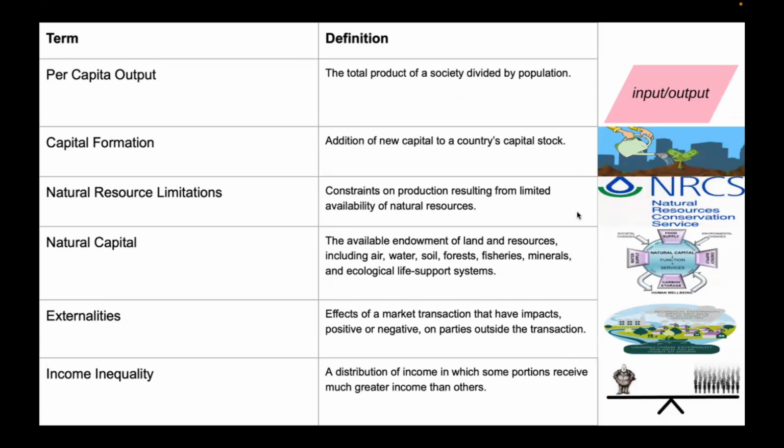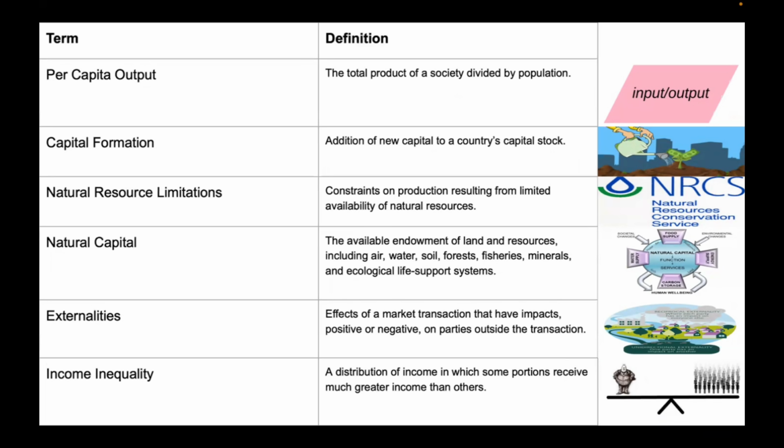A few more definitions that we have in this section of the chapter are per capita output, which measures the average output per person in an economy. We'll also cover capital formation, the process of building up a nation's capital goods. Then we'll look at natural resource limitations, highlighting how finite resources can impact economic sustainability.